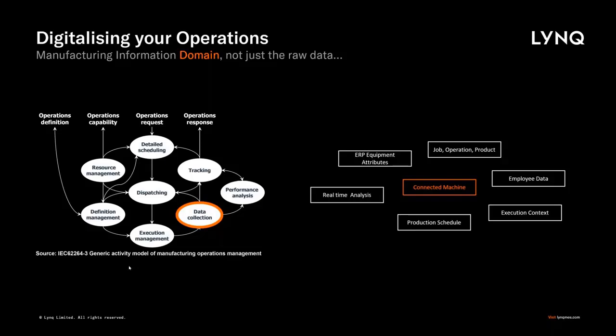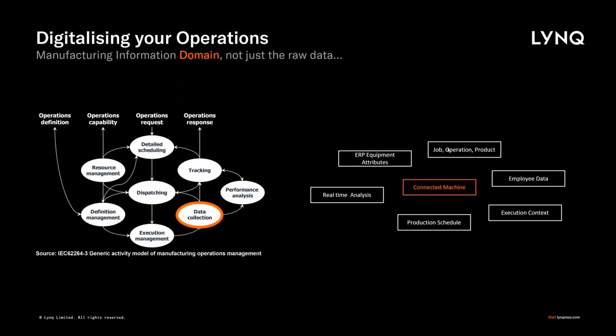But what's important to understand is that this raw machine data has value, of course, but in order to truly uncover the value of connected machines and a connected factory, you need to put this data into the context of execution.